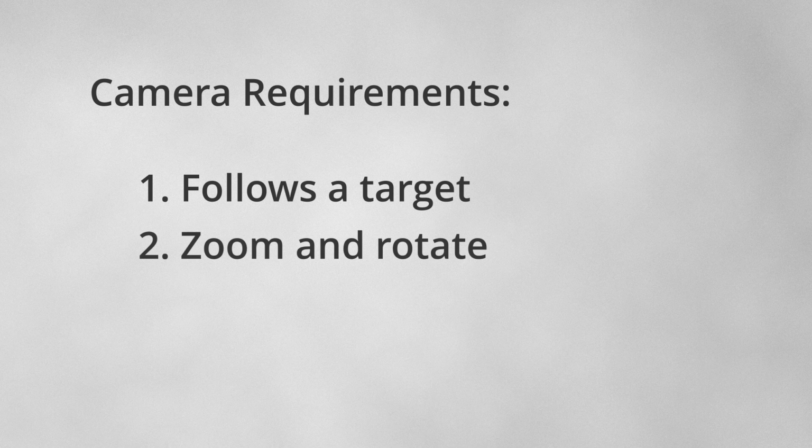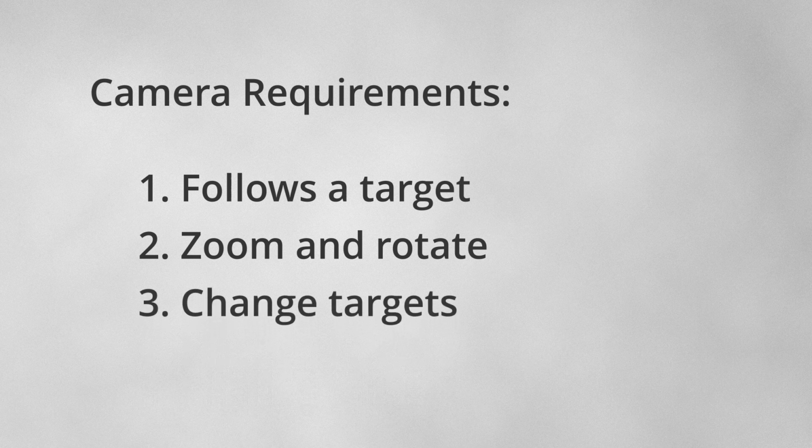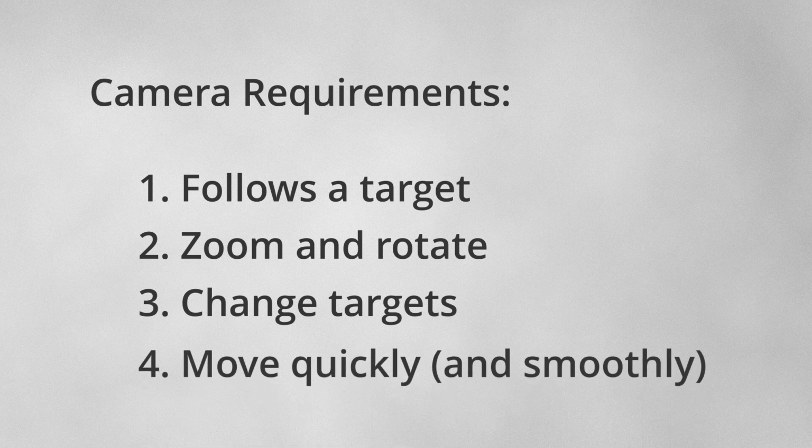Also, the camera needs to be able to rotate around, tilt up and down to get a better view of the focused target. 3, the camera needs to be able to change what it's focusing on. And 4, the camera needs to be able to move quickly between focused targets. So that seems like a solid list of requirements. I'm going to go ahead and dive into the code and see if we can get it working.